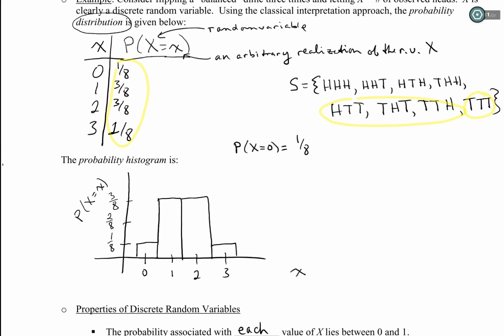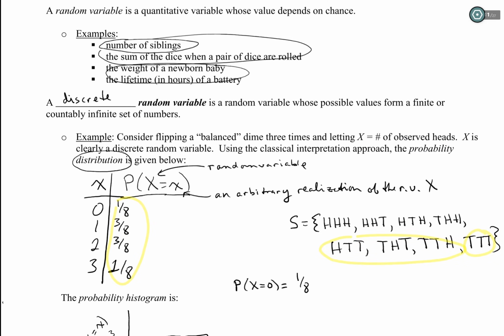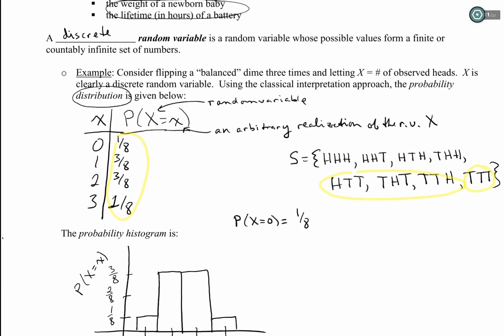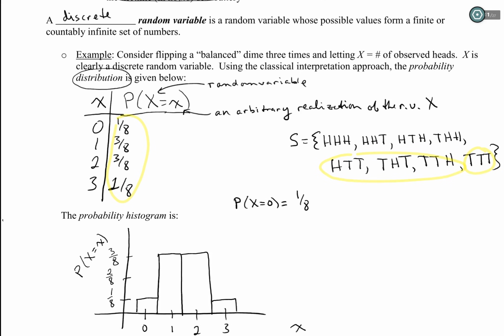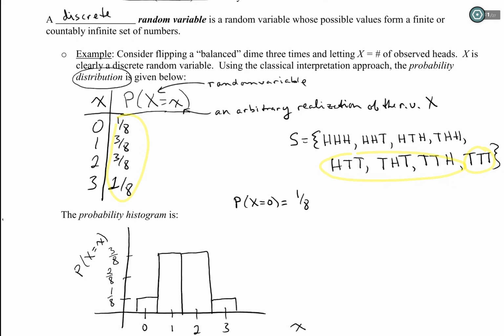This is just a short introduction to discrete random variables. We have a discrete variable, a probability distribution, and a probability histogram. The one thing I want to make clear is that the values in this distribution are the associated probabilities for point values of x, and we'll see it's slightly different in the continuous case.